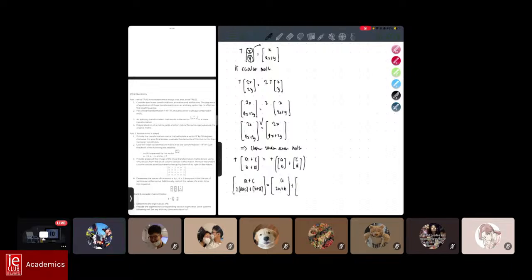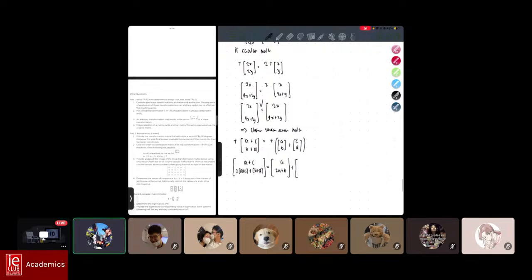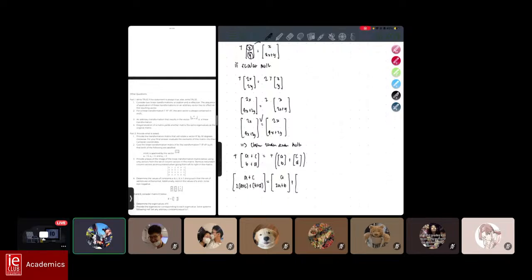Plus the same for (c, d): c, and then 2c plus d.